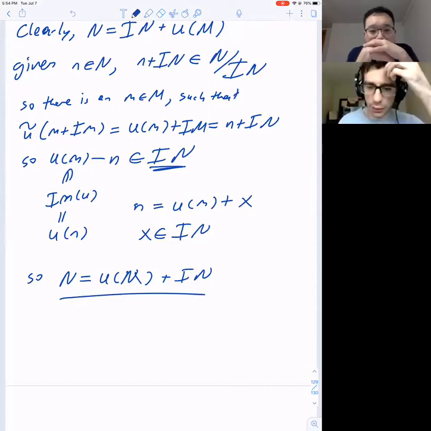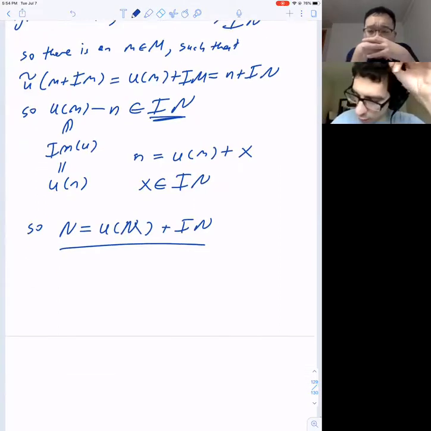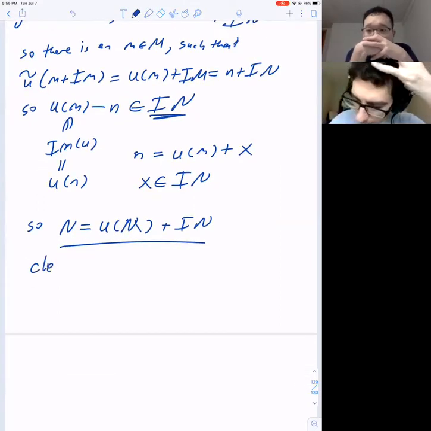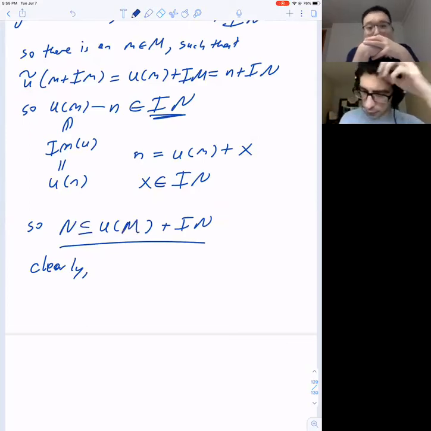Okay. It looks like I have to use Nakayama's lemma. And so clearly, actually, this is not true. I didn't actually prove this. I just proved this.